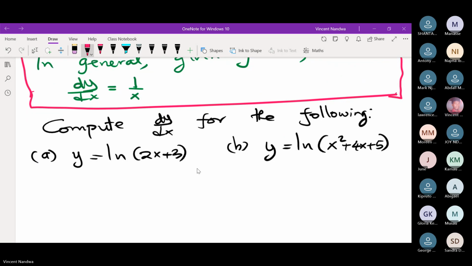So the solution will be: y for part A is given by ln of 2x plus 3. So how do we start, following yesterday's discussion?